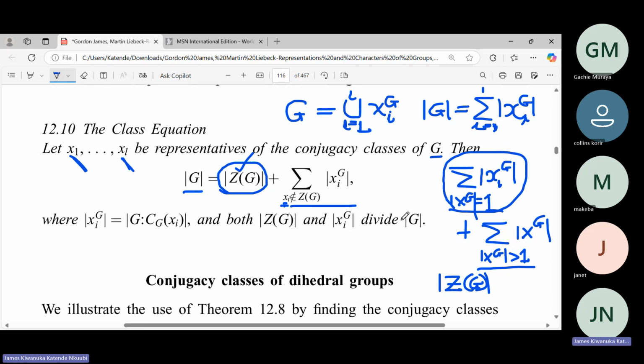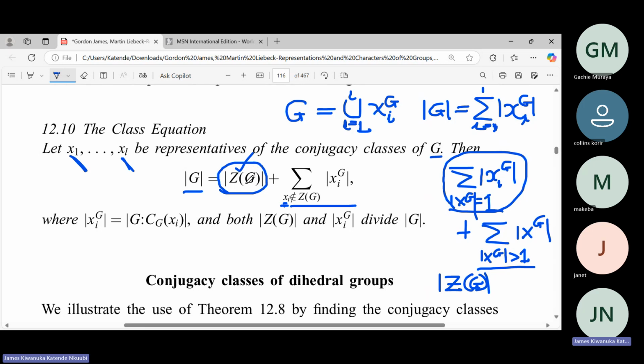So this is normally called the class equation. What is interesting, or rather what has been mentioned here, is that the center is a subgroup.